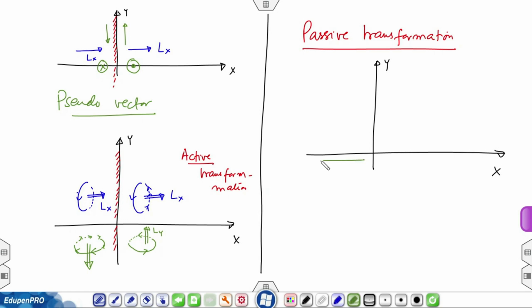So, now I am transforming the axis, and here is this disk rotating that had Lx going to the right.